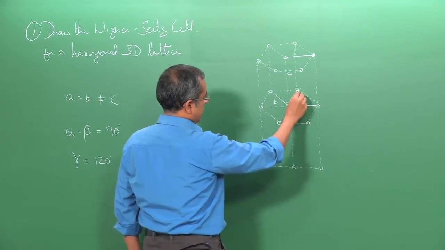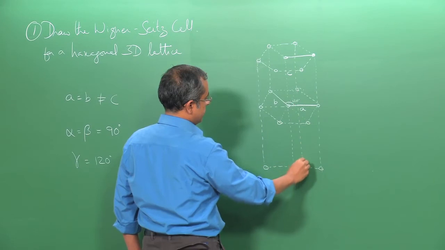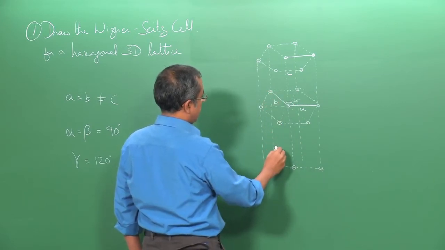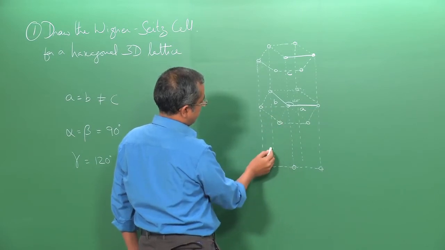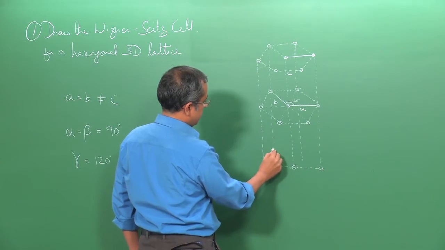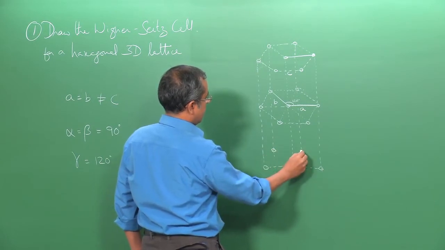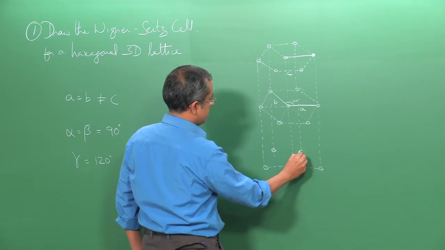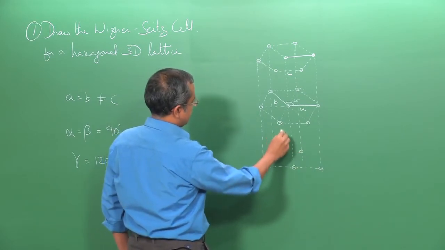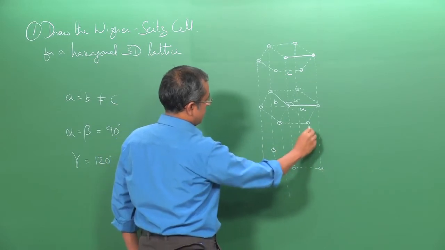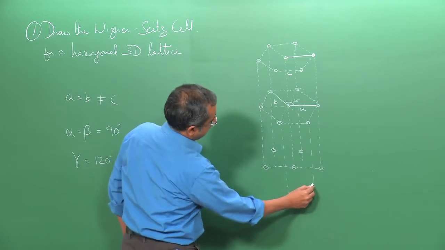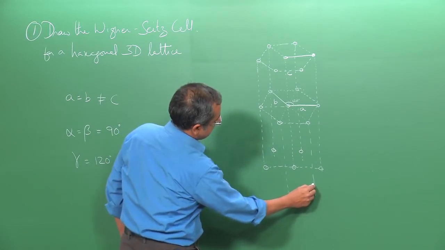So, we can just continue this down here, and we basically have a point here roughly, and a point roughly there, and similarly you can extend this further down there, and you would have a point roughly here.